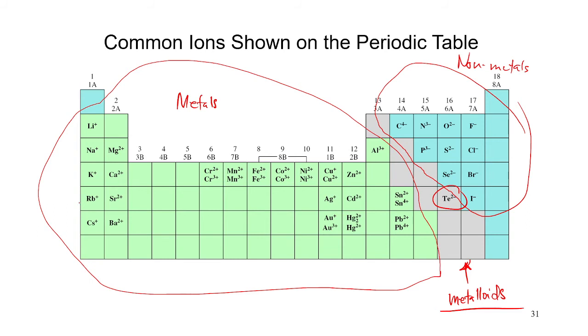Sinasabi nga natin kanina, metals have the tendency to lose electrons. But how much? Sa first part ng series, lahat sila ay 1. Nabawasan tayo ng 1. Dito ay nabawasan tayo ng 2.